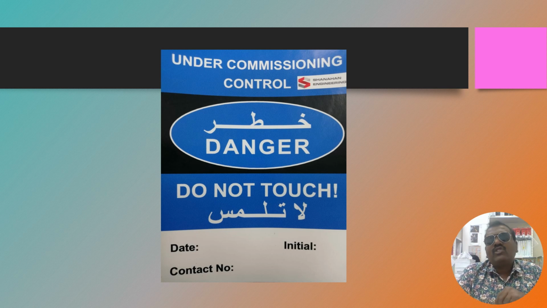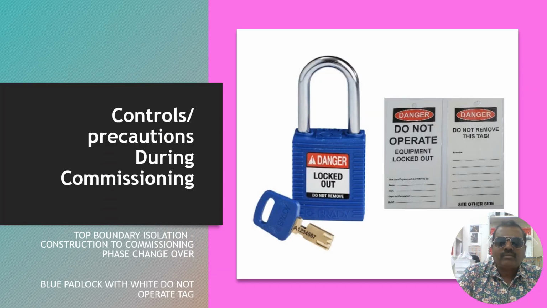It can be mentioned like under commissioning control, do not touch, danger when it is energized, or what is the contact number. A few descriptions can be given in this. As I said, for easy understanding, we should have some color identifications.